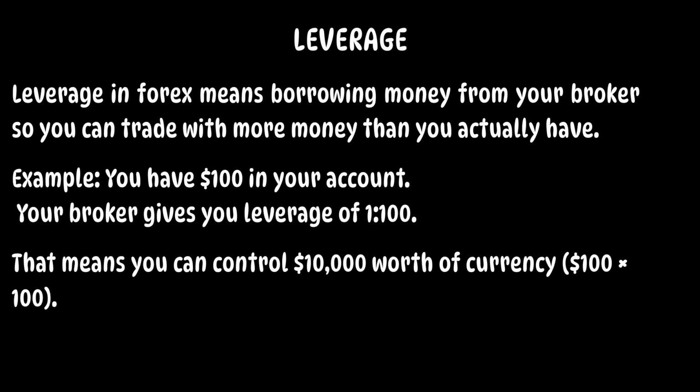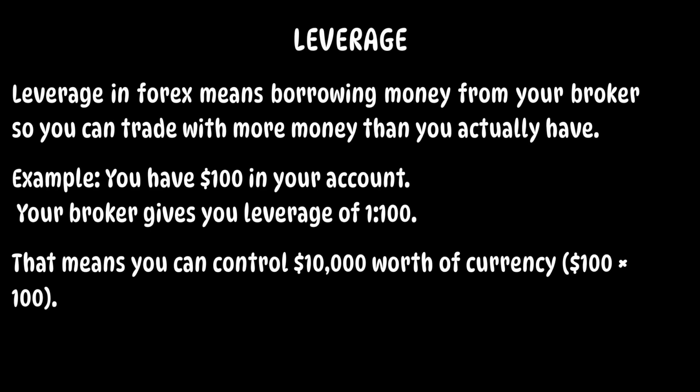Your broker gives you leverage of 1:100, because while setting up your account, some brokers have ranges of leverage that allow you to select. Those ranges basically go from 1:25, 1:50 to 1:100. So let's say you selected 1:100. That's the highest your broker allowed you to select.